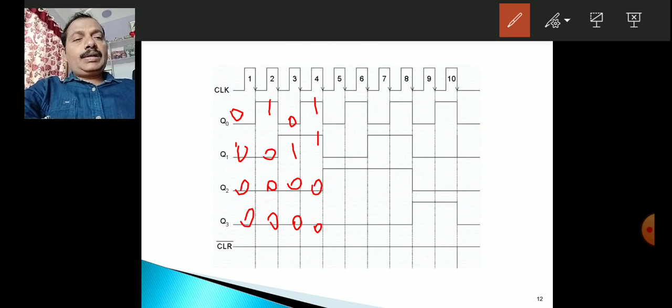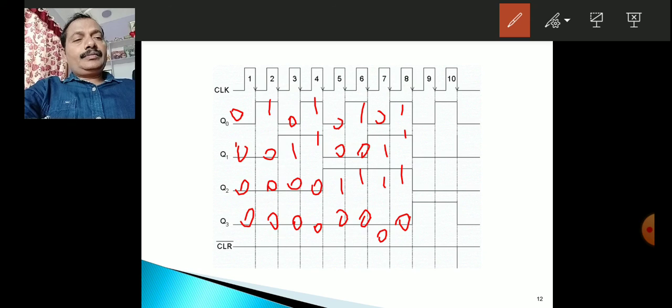Next pulse, 0 0 1 0. The next pulse, 1 0 1 0. In the next pulse, 0 1 1 0. This is 6. In the next clock pulse, 1 1 1 0. That is 7.